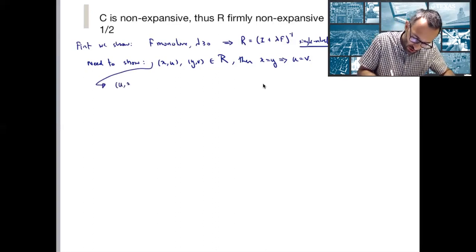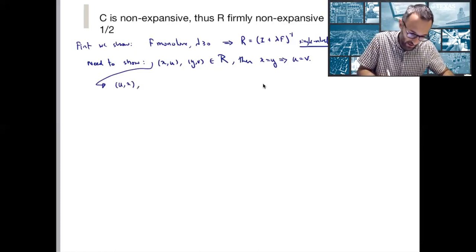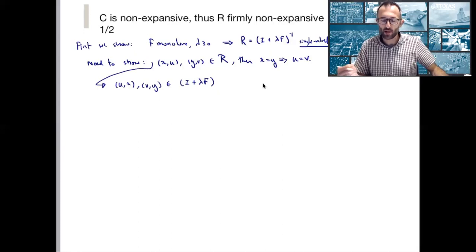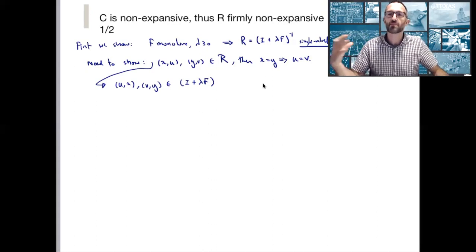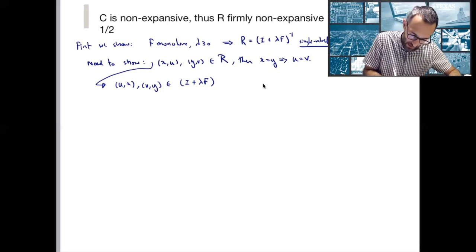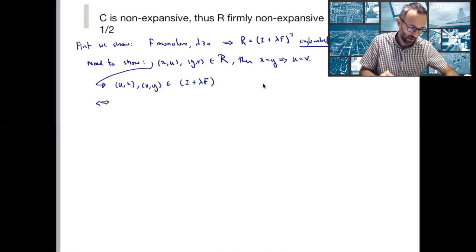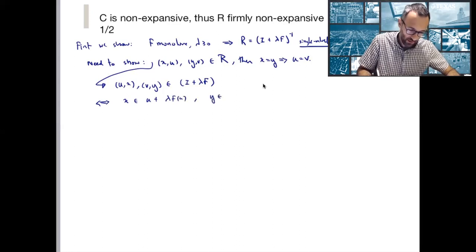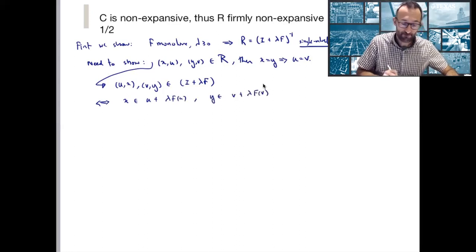Then we know that (u,x) and (v,y) are in I plus lambda f, because I flip them, I'm using the inverse: (x,u) being in R means that (x,u) is in (I plus lambda f) inverse. So this is the definition of inverse. Again, part of the benefit of having defined this in a precise way is that we don't have to wonder what inverse means. This is exactly the same as saying that x is an element of u plus lambda f of u, and similarly y is an element of v plus lambda f of v.